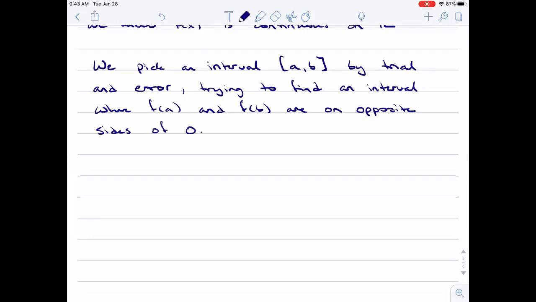It doesn't matter which one's positive and which one's negative, right? Either way, it would have to, at some point, cross 0.